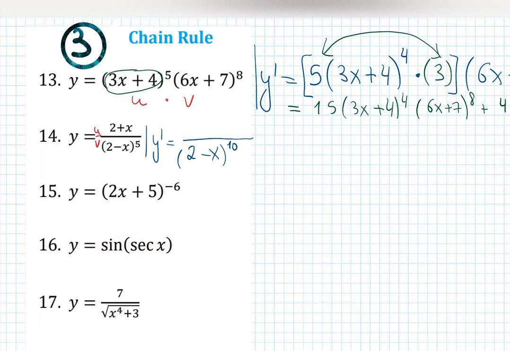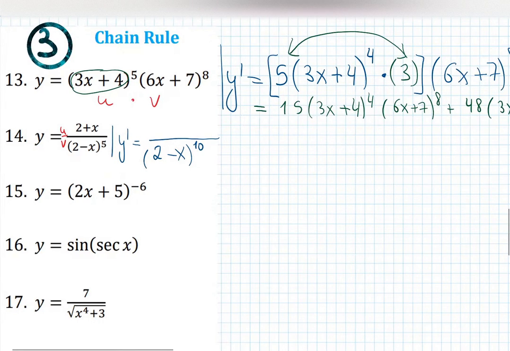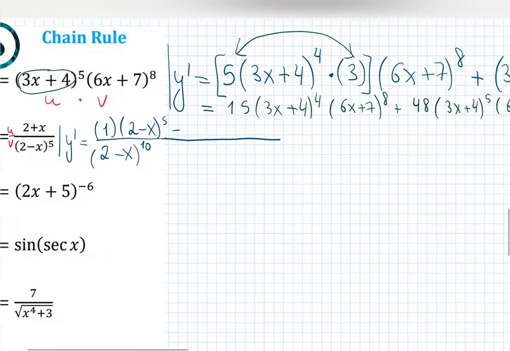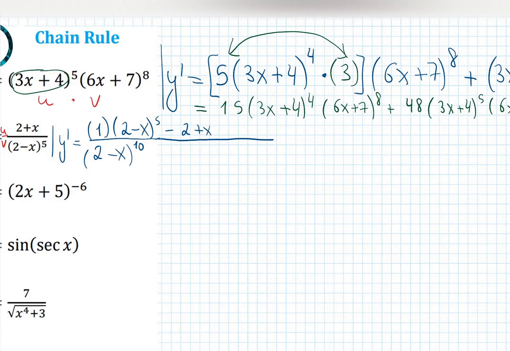Remember, properties of exponents: since we're raising to a new exponent and it's already raised to 5, we have to multiply the exponents, 5 times 2 is 10. Derivative of the function on the top is 1, because derivative of 2 plus x is 1. Copy the bottom, 2 minus x to the 5, minus, copy the top, 2 plus x.